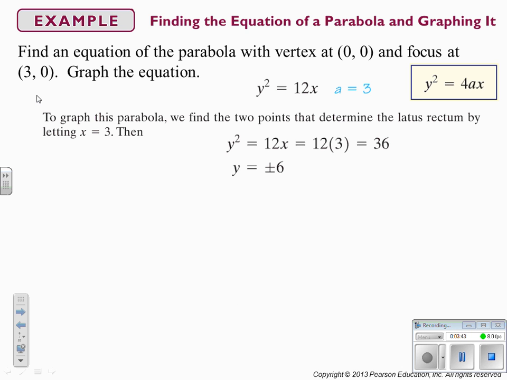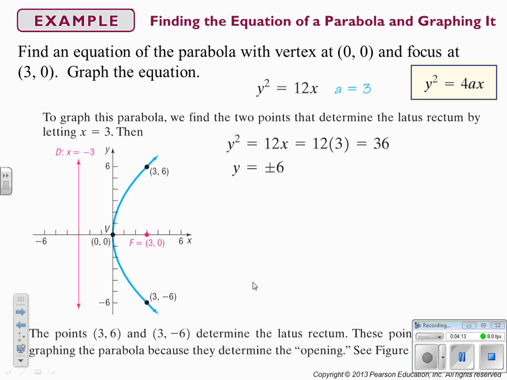To graph the parabola, we find the 2 points that determine the latus rectum by letting x equal 3. So y squared equals 12x. And then we know when x is equal to 3, that y has to equal plus or minus 6.